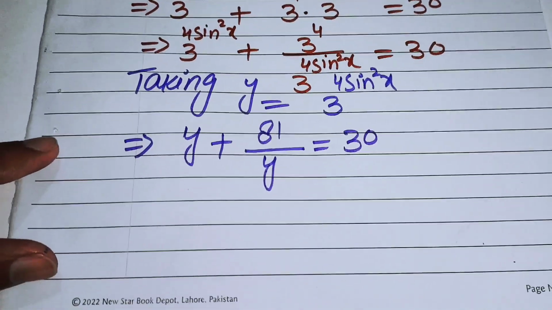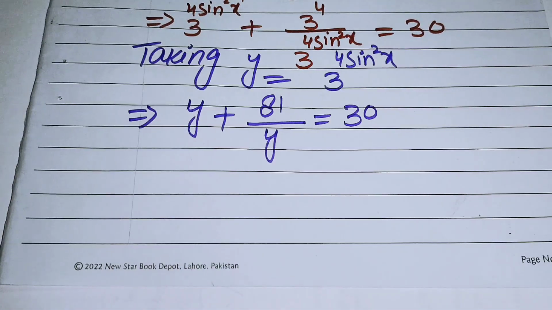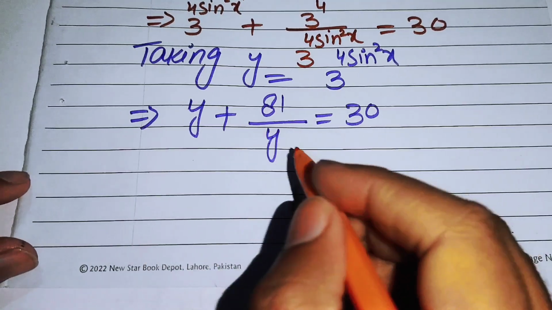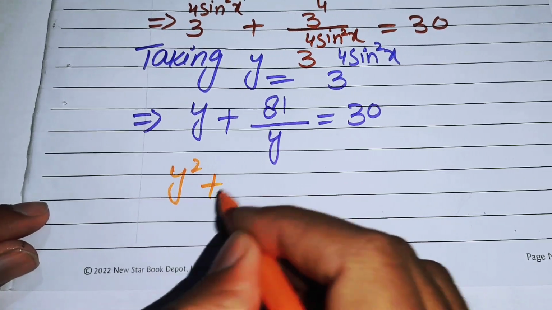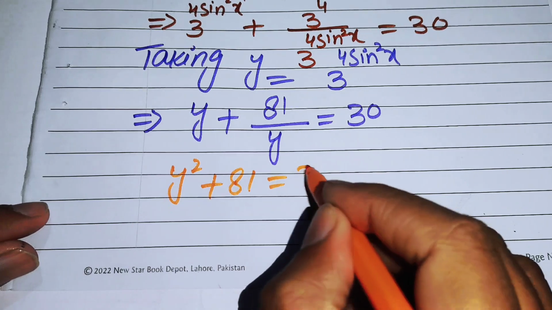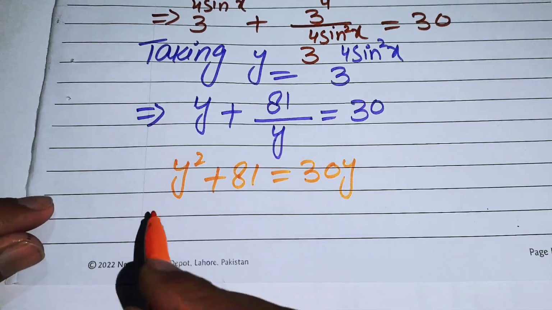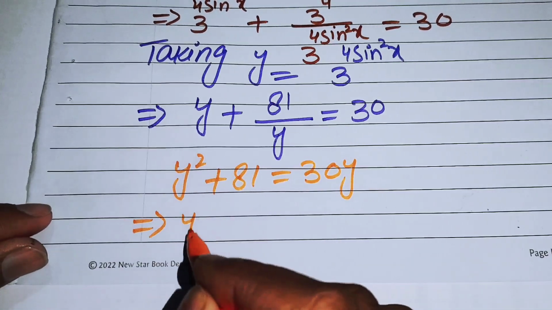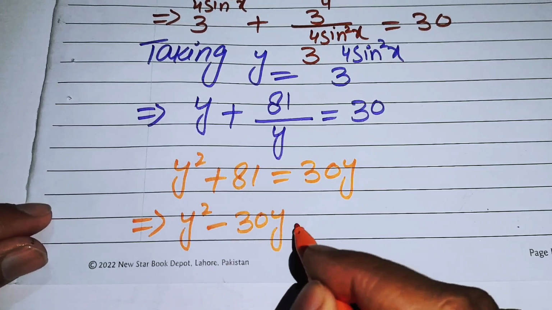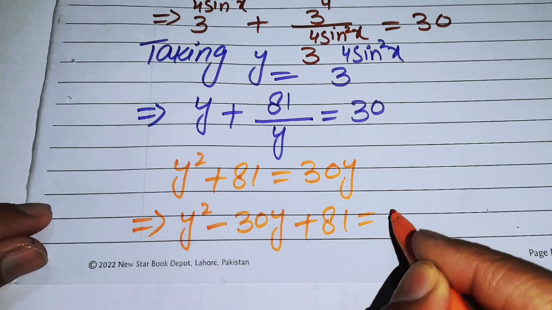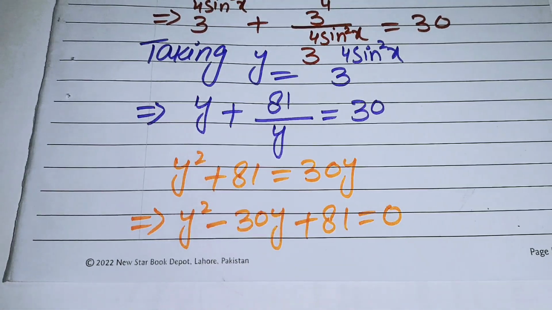And now we will write this equation as a standard quadratic equation, so first we multiply both sides by y, and you get y squared plus 81 equals 30 times y. Now we can rearrange the terms, and we get y squared minus 30y plus 81 equals 0.